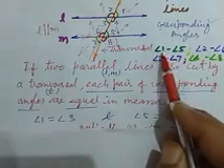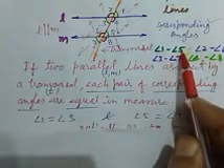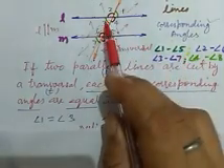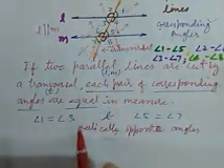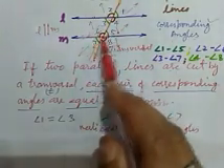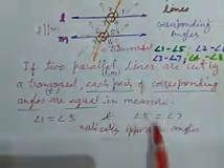But 1 equals 5. Here 1 equals 3. Here 1 equals 5. So what happened? 1 equals 3 and 1 equals 5 give us some information. Same, 5 equals 7 because they are vertically opposite angles.